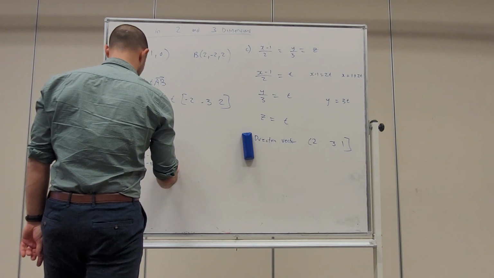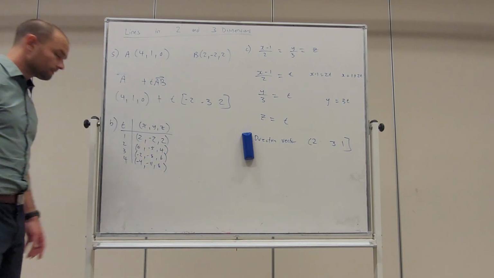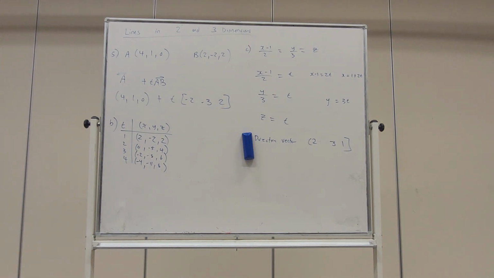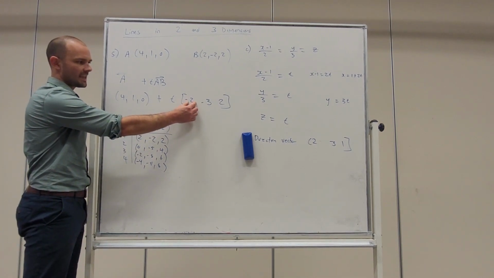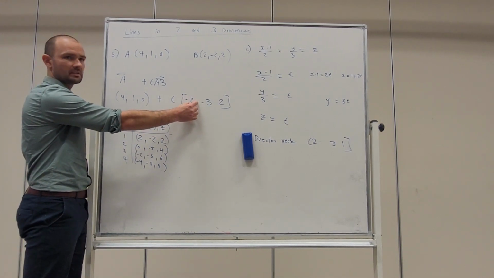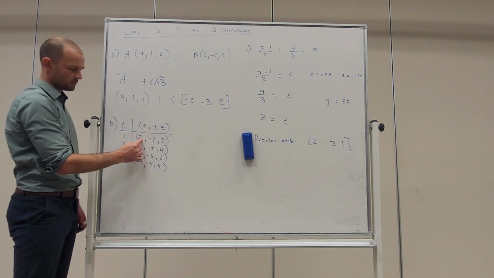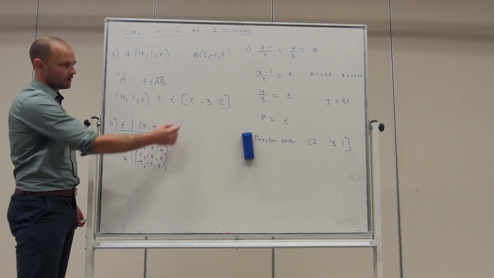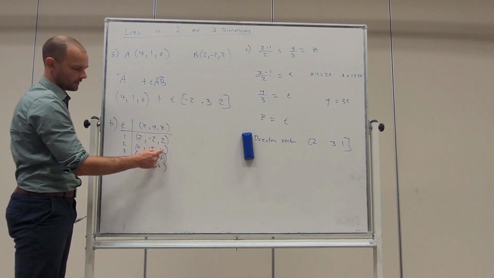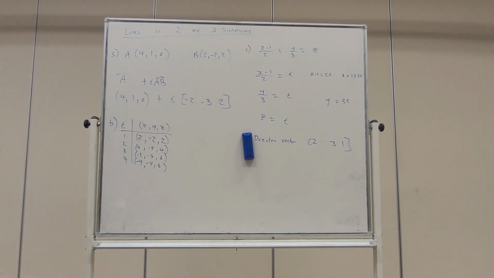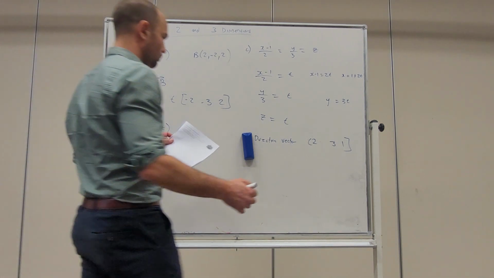The fastest way to get heaps of coordinates out quickly is just looking at how much x is changing by each time. It's going down by 2 each time. So I just went 2, 0, minus 2, minus 4. Y is going down by 3 each time, and Z is going up by 2 each time. Excellent.